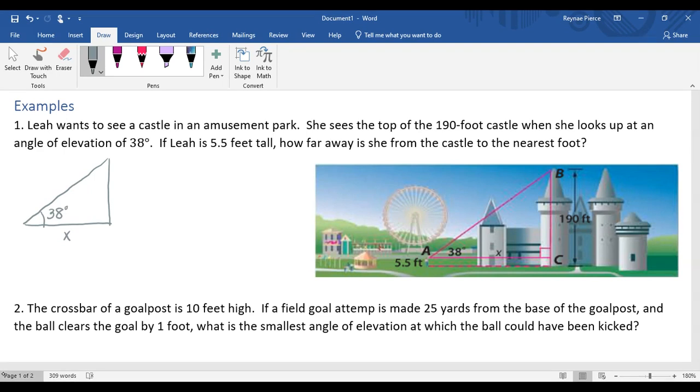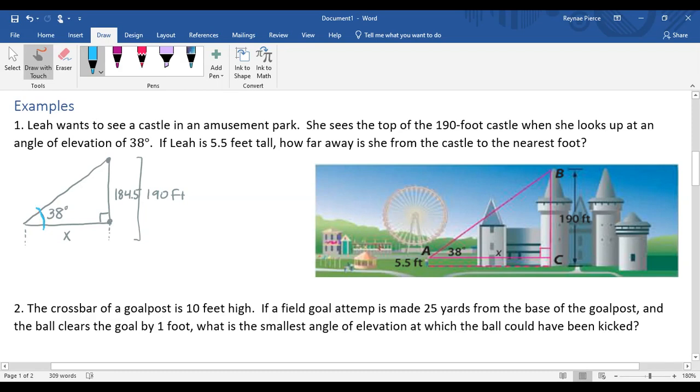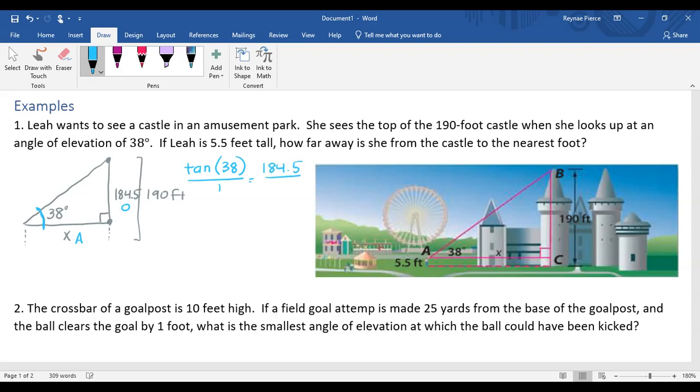Now, if she is 5.5 feet tall, we are actually going to take 5.5 away from that 190 feet, which means this distance of this right triangle here is 184.5. So now moving into trig, if this is our reference angle, 184.5 is opposite, x is adjacent. So we are going to use the regular tangent function. Tangent of 38 over 1 equals 184.5 over x.